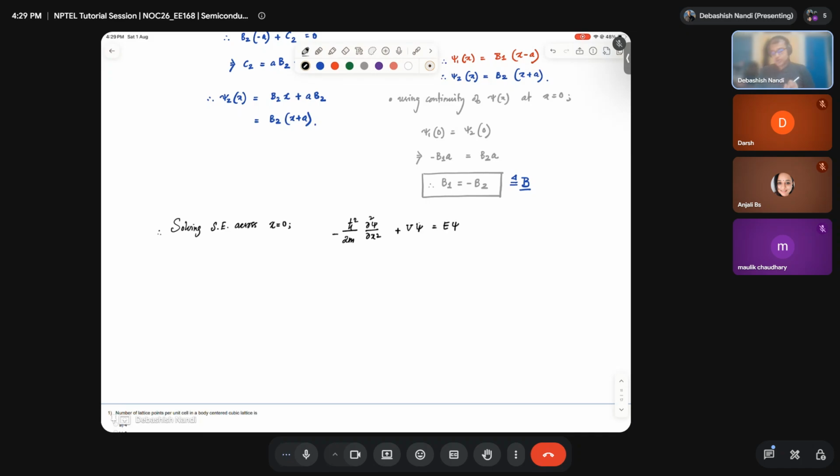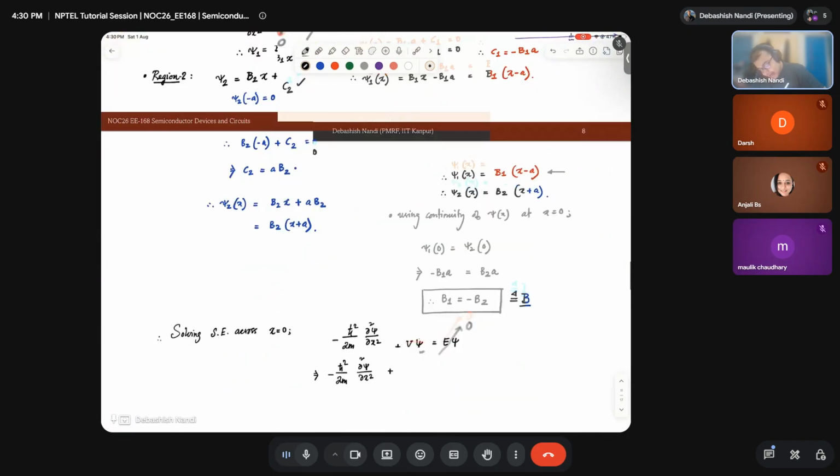Fine. So in this case, as again I am calculating for zero ground state energy, I will make my E equal to 0. But in this case, my V, I cannot make it 0, right? Because I have a delta function sitting there. So I will have minus h bar square by 2m del square psi by del x square plus this function was a delta x, right?